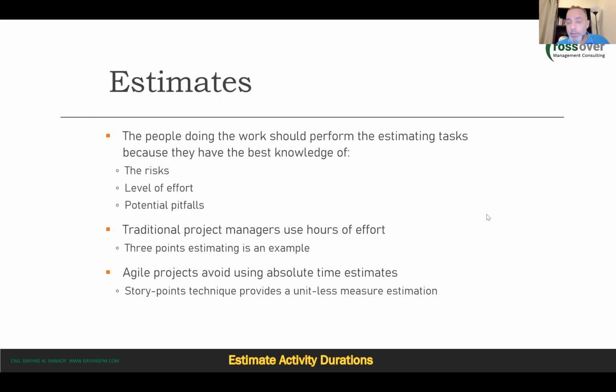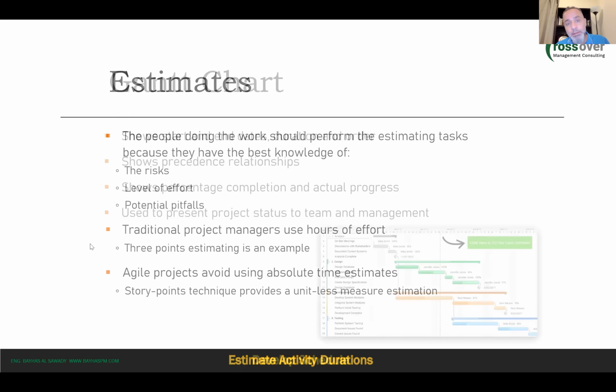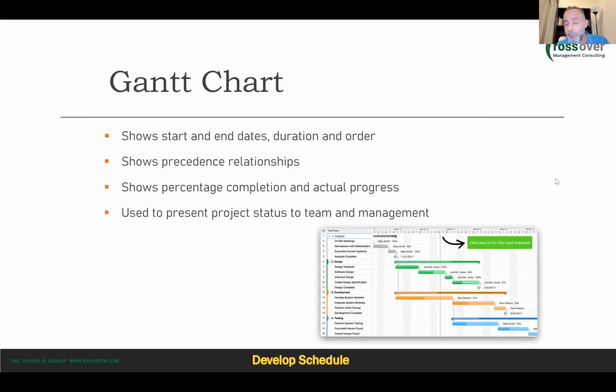When you do the estimating in hours and effort, you also need to take into consideration the risks that might happen, the level of effort that you need from maybe more than one person, and the potential pitfalls. We might do this wrong and we need to repeat the work or rework it again. So you also take this into consideration. And basically, there is a formula that we can use when you want to estimate durations accurately.